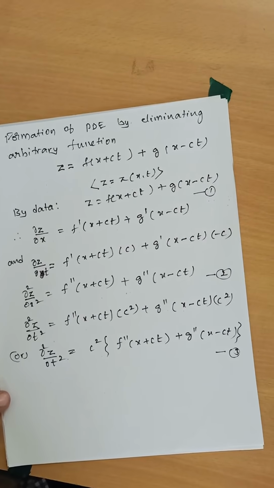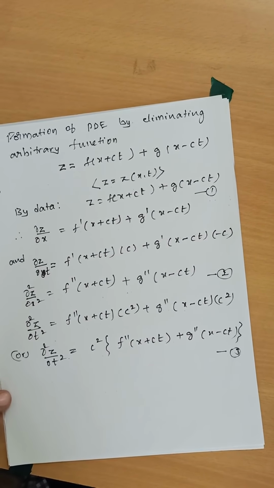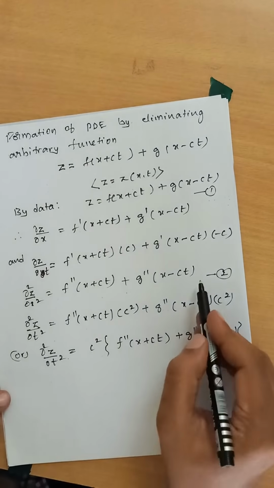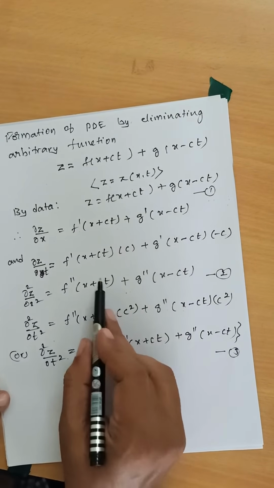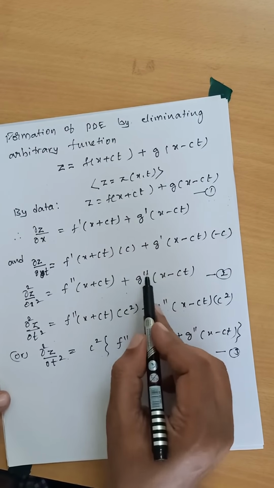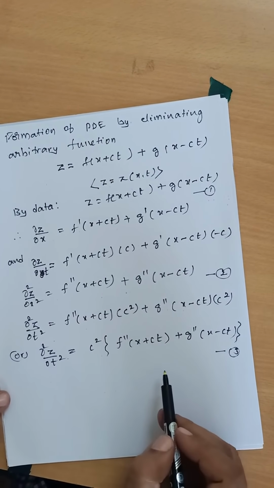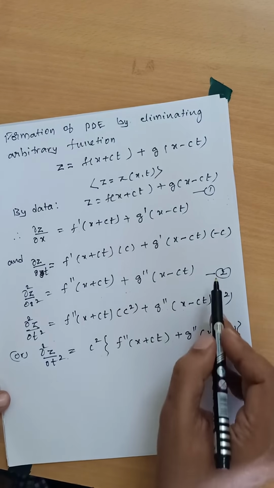You try to eliminate f double dash by using 2 and 3. You observe equations 2 and 3. The left hand side is f double dash plus g double dash, which is also there. Shall we use equation 2 in 3?